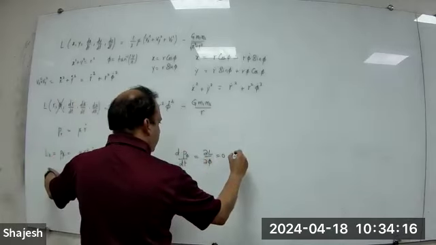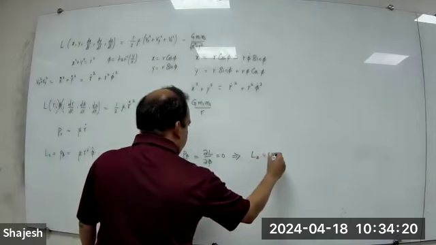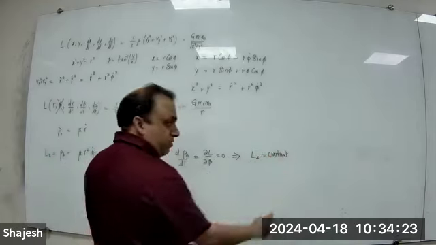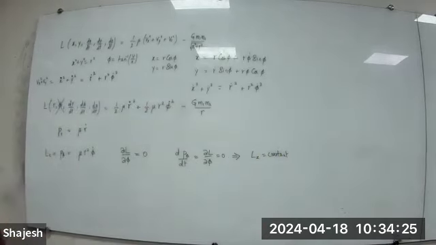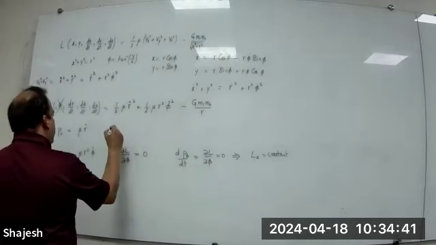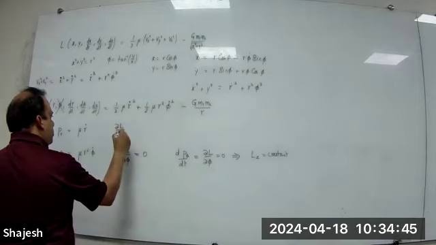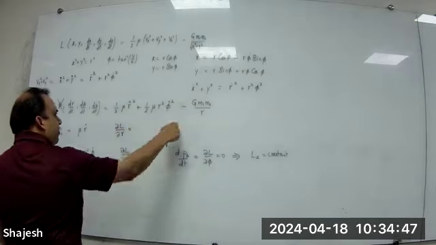This implies that Lz is constant. It should be, because in our Lagrangian the angular momentum was completely in the z direction. Phi is the angle associated with that rotation, so that should be constant. That's what is coming out. That makes sense.